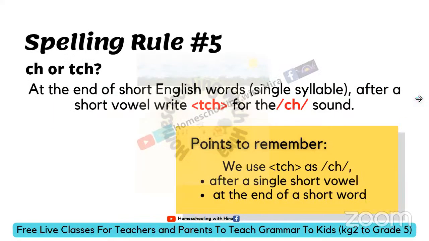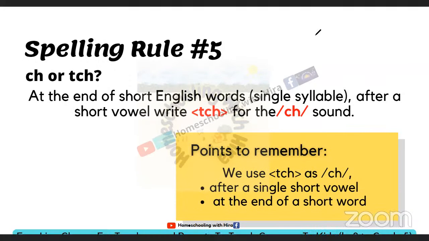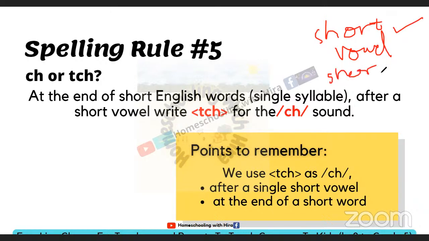Enjoy. CH or TCH rule. What is it? Again, as I told you, remember two things: short vowels, short words. In the TCH rule as well, if you have a short vowel sound and you have a monosyllabic or short word, you will write the ch sound with TCH. After a single short vowel, at the end of a short word, we write TCH.